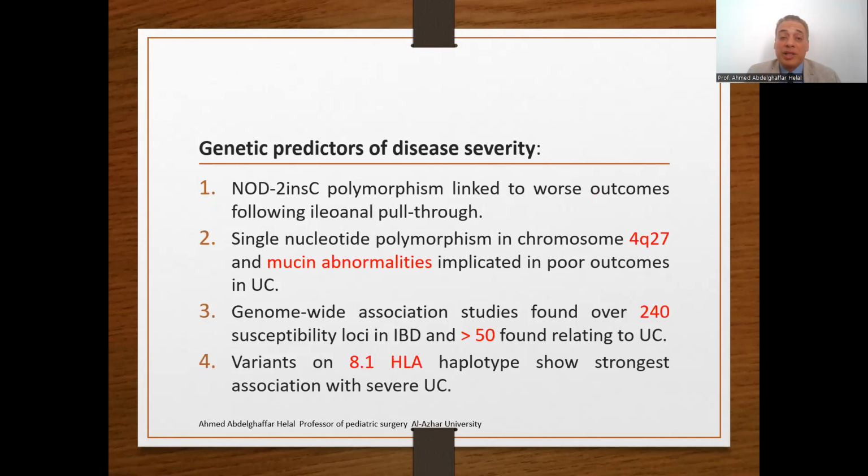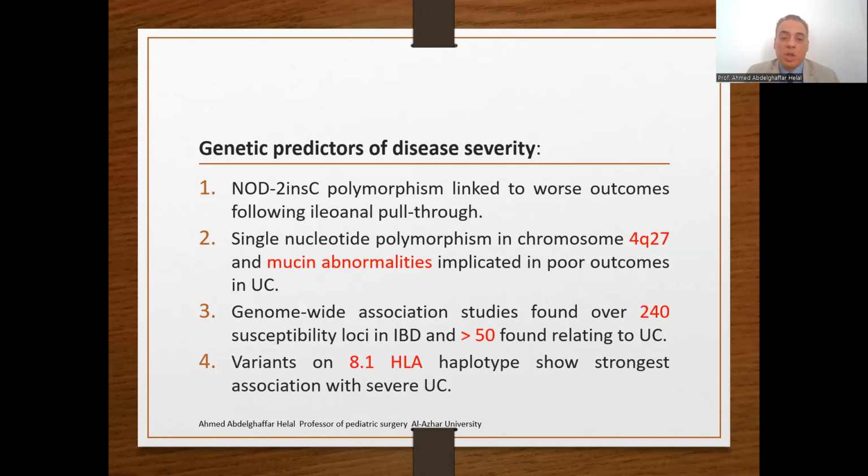There are some genetic predictors of disease severity, like NOD2 and single nucleotide polymorphisms, like mucin abnormalities, and genome-wide association studies found over 240 susceptibility loci in inflammatory bowel disease and more than 50 related to ulcerative colitis.